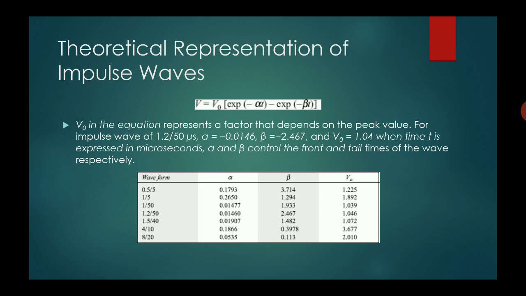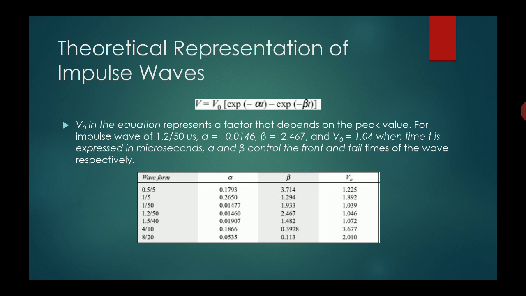The V naught in the equation represents the factor that depends on the peak value, because depending on V naught you will get a different peak value, since each individual exponential has a maximum of 1. So V naught is nothing but the peak value.